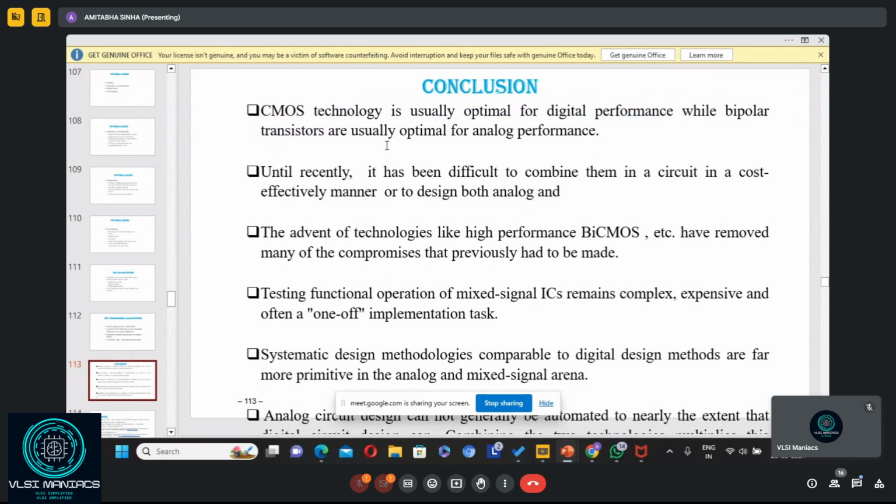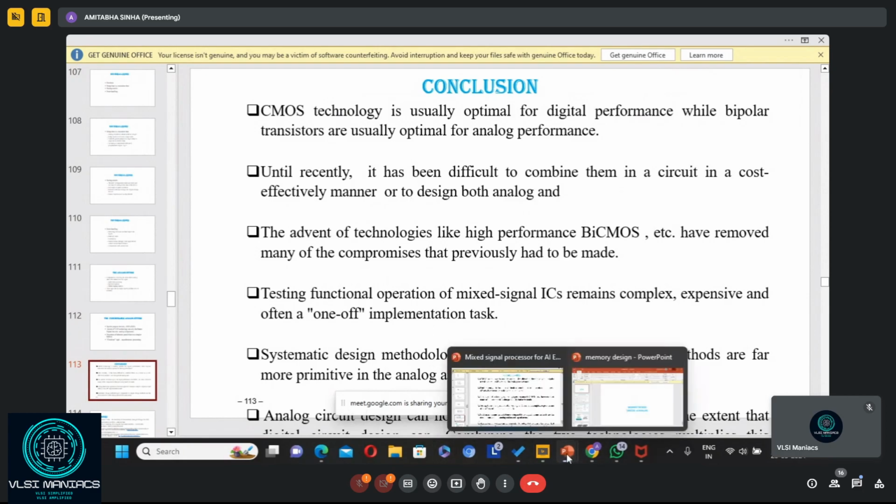So the conclusion, which is important: CMOS technology is usually optimal for digital performance, while bipolar transistors are usually optimal for analog performance. This information is also very important. So can you tell why CMOS for digital circuits? What are the reasons?